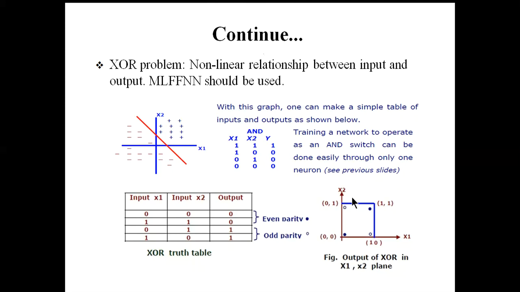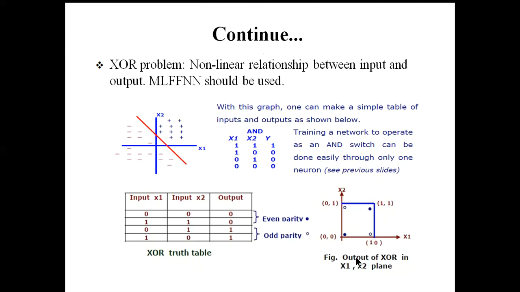Now tell me, can we draw a plane or line to separate the 1 and 0 outputs? No. If you draw like this, obviously this one is 1, this one is 1, but in this part there is 0. If you draw like this, this one is 0, this one is 0, but this one is 1.